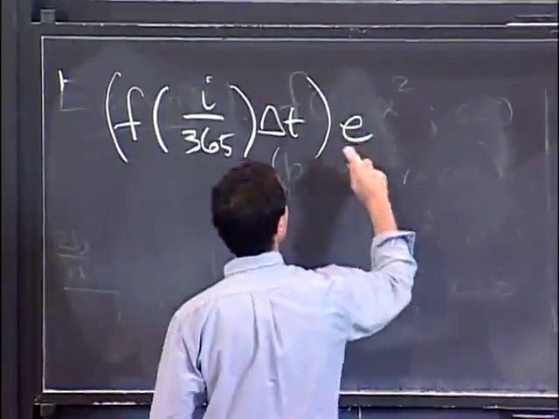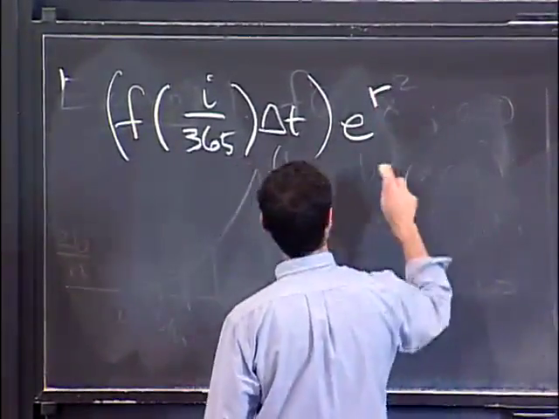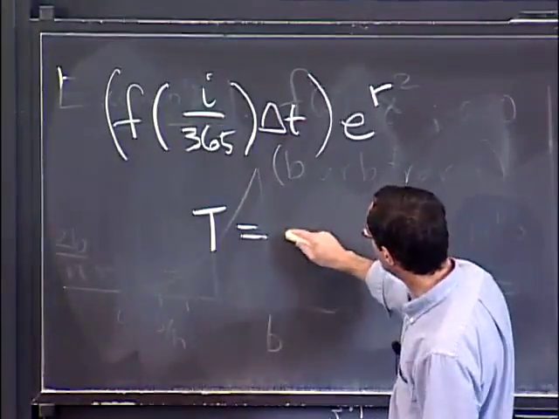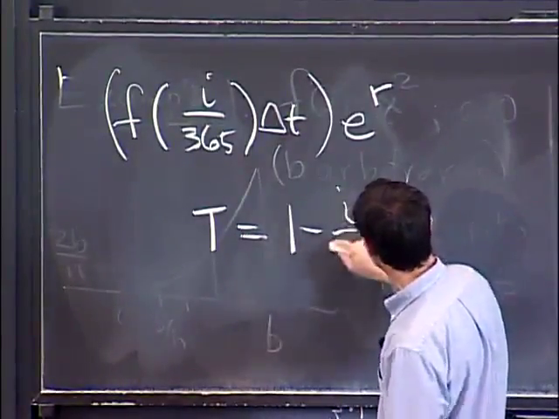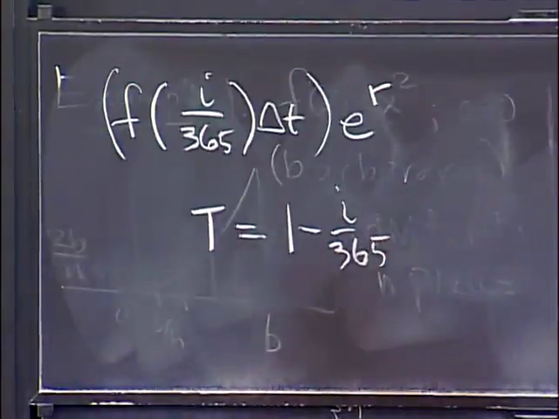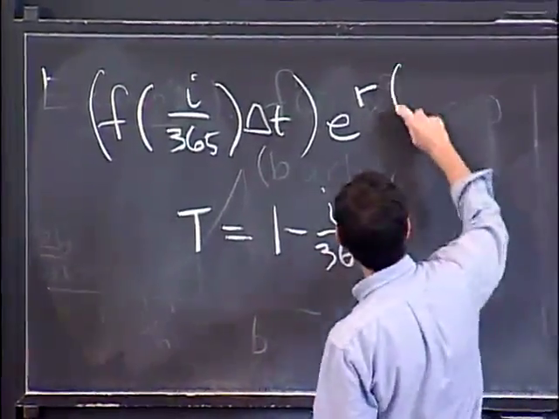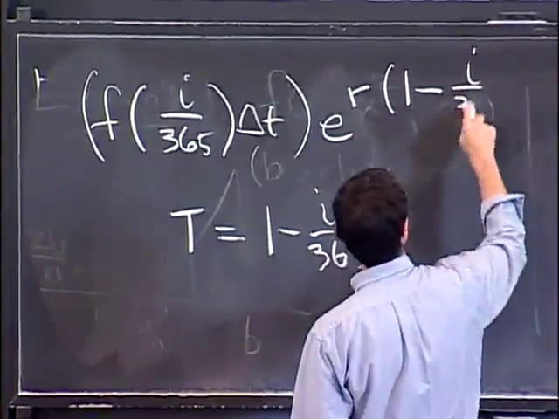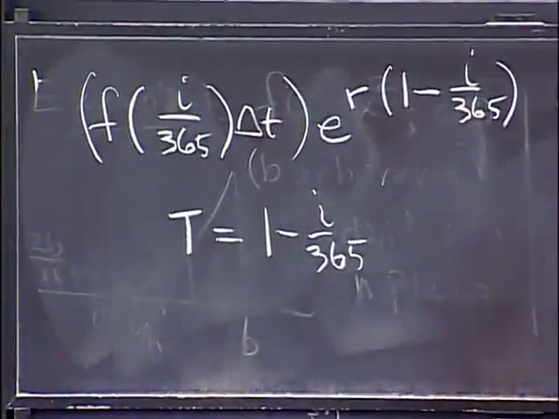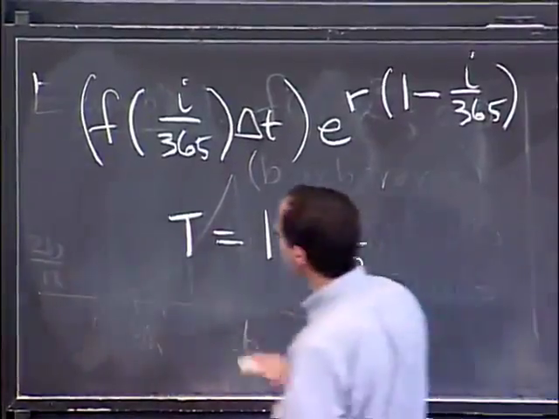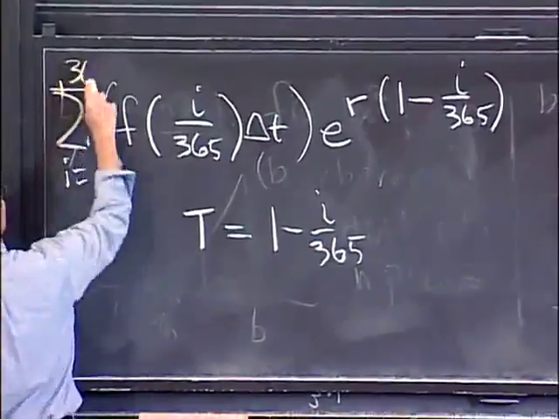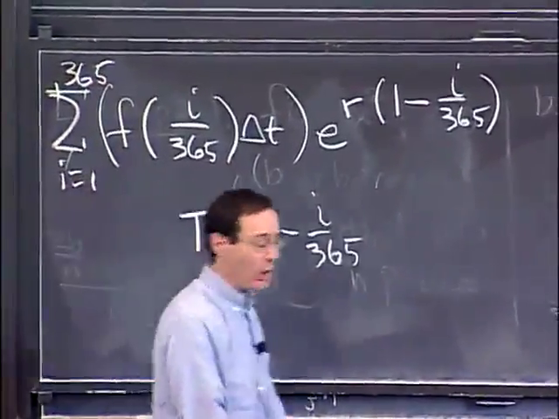You owe e to the power r times the amount of time left in the year. So the amount of time left in the year is 1 minus i over 365, or 365 minus i days left. And this is what you have to add up to see how much you owe.